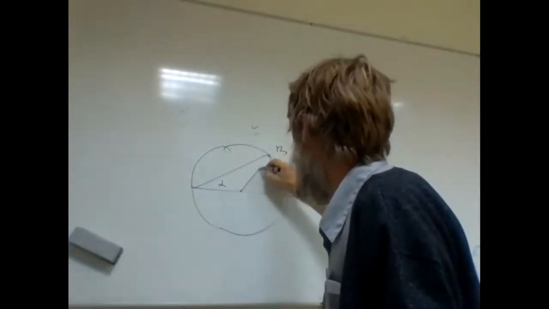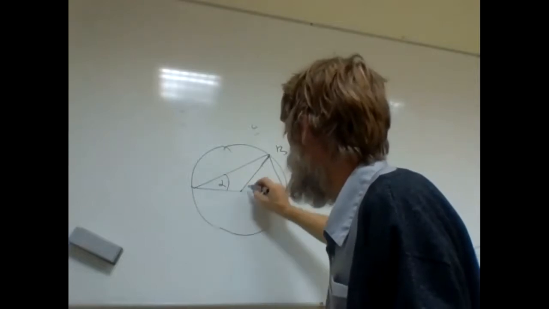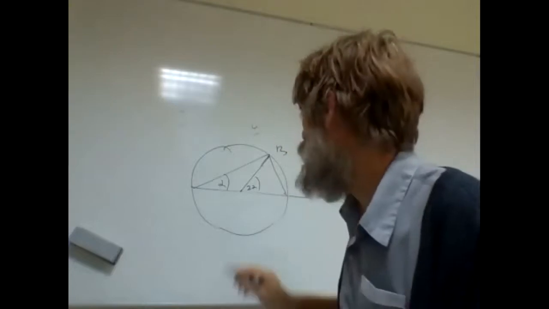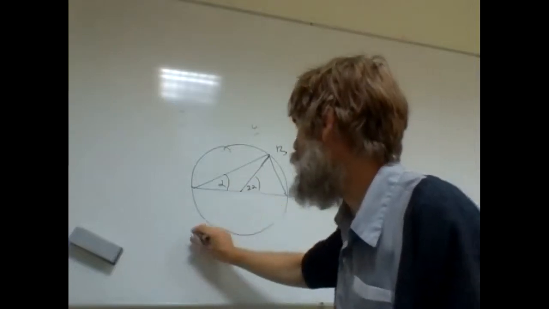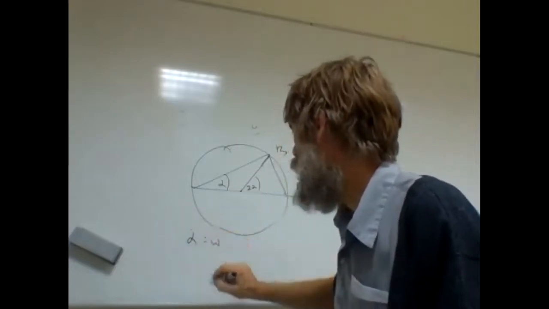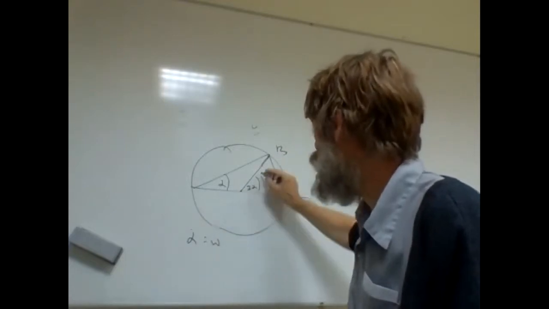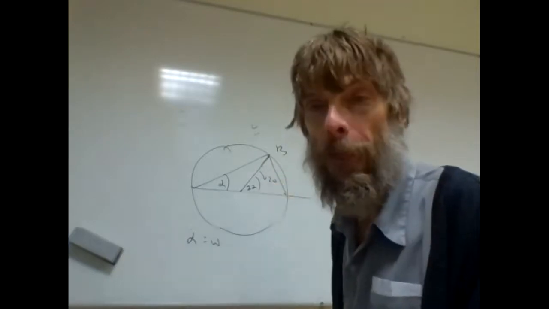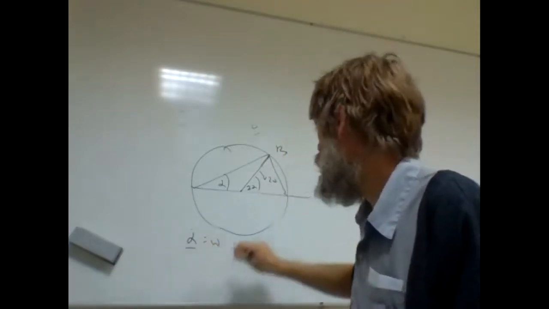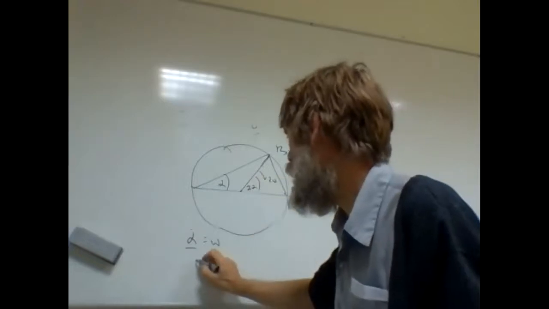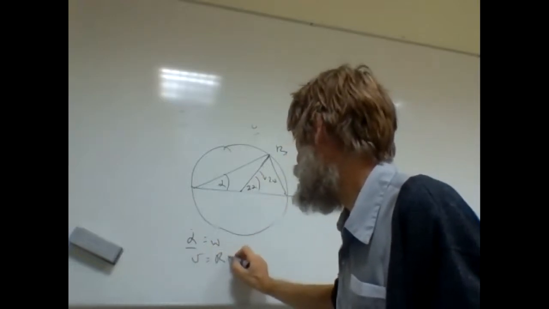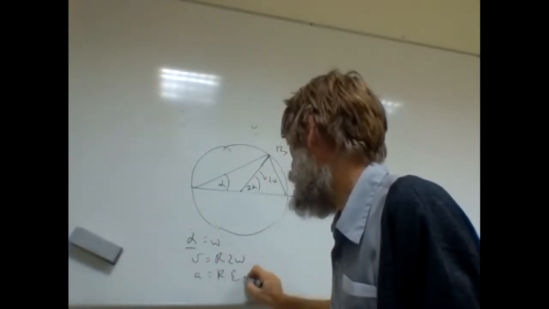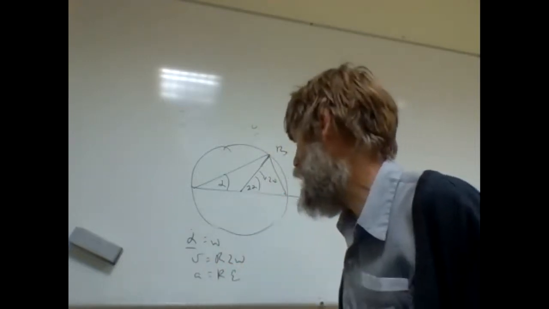What is helpful is that if here is alpha, here is 2 alpha. So basically what we need is the derivative of alpha, because if we know alpha dot, which is omega, then this angle 2 alpha goes with 2 omega. Once you have alpha dot, we have the angular speed, and then v is just r times 2 omega, and acceleration is r times the angular acceleration of this thing here, epsilon.